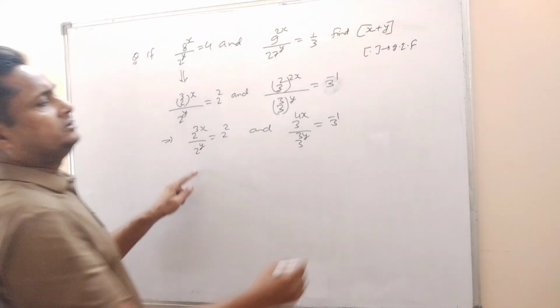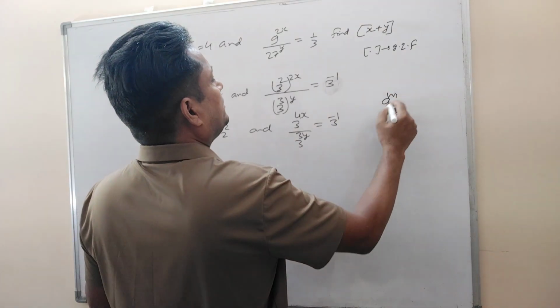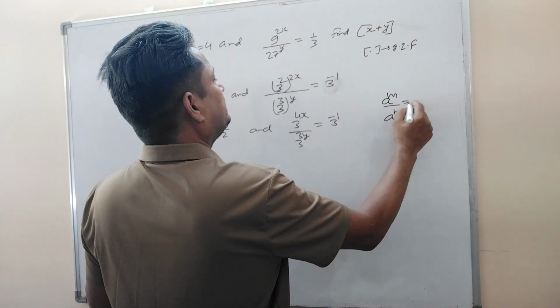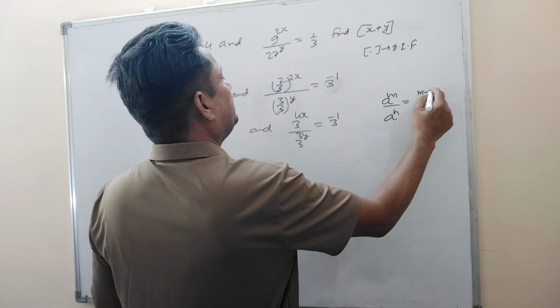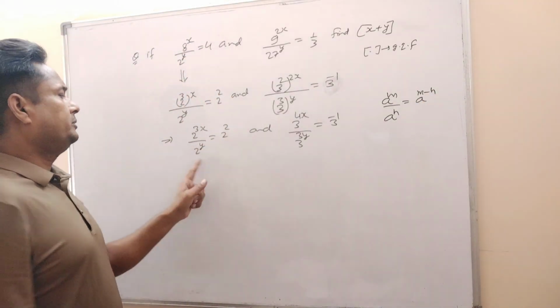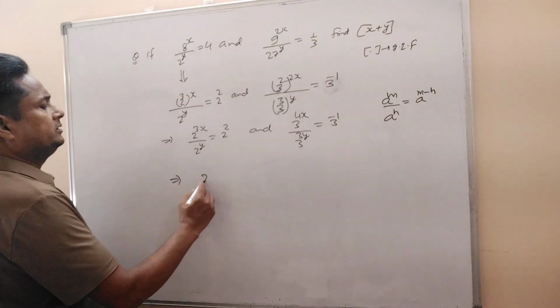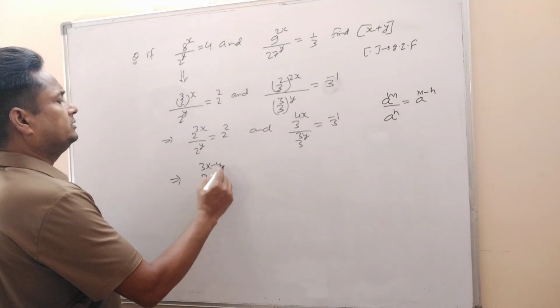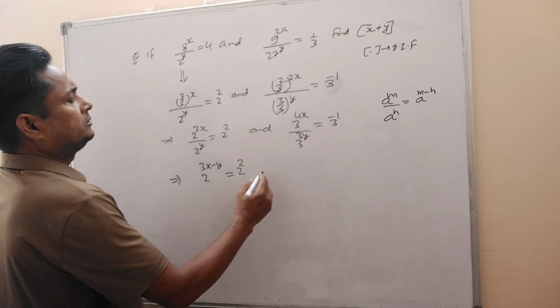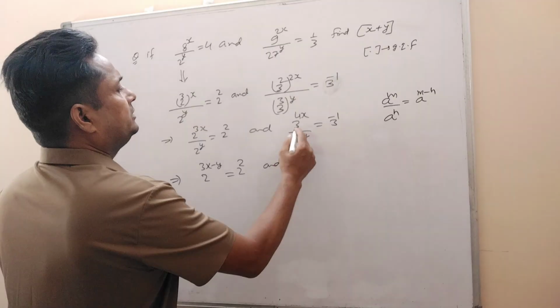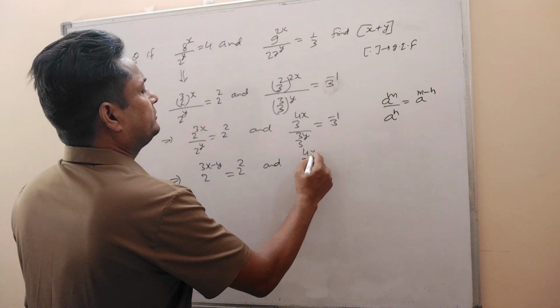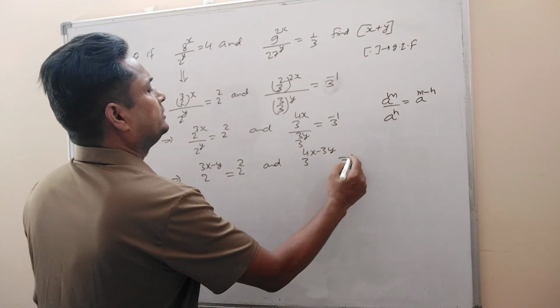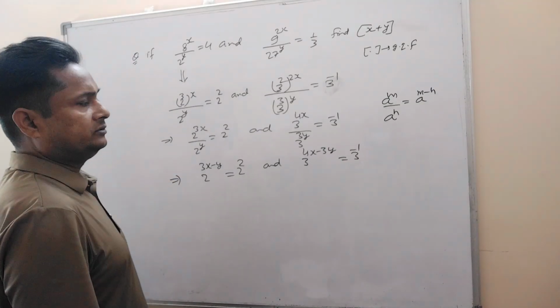Now I told you this property, a to the power m divided by a to the power n is a to the power m minus n. Use this property here. So this can be written as 2 to the power 3x minus y is equal to 2 to the power 2, and 3 to the power 4x minus 3y is equal to 3 to the power minus 1.